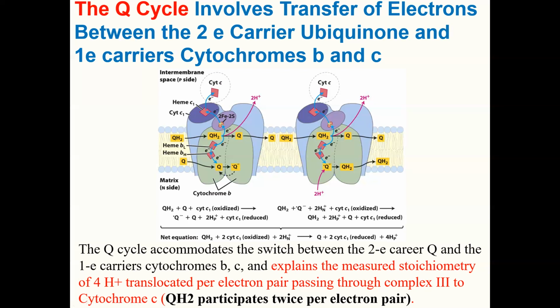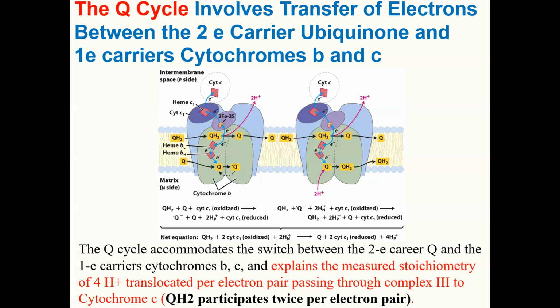Once cytochrome C has accepted an electron, the reduced form of cytochrome C has very little affinity for complex 3. It will dissociate and go and bind to complex 4. It has higher affinity for complex 4 in the intermembrane space.